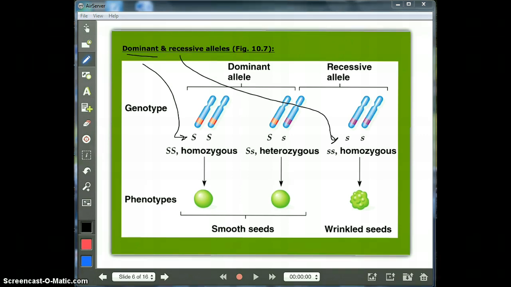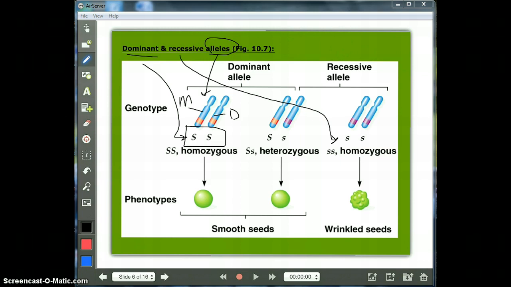There's a few other things we're talking about. This term here, allele. An allele is the particular trait that you're referring to. So we have a capital S allele coming from that chromosome, which would have been the one that you got from either your mom or your dad. So if this is you, you might have gotten this one from mom, and this one from dad.